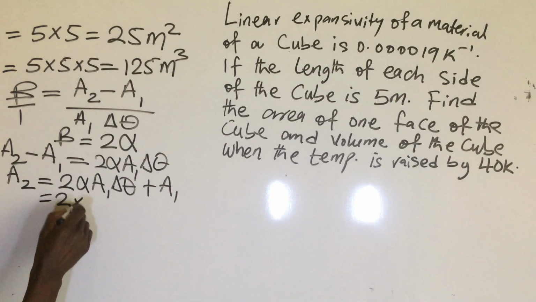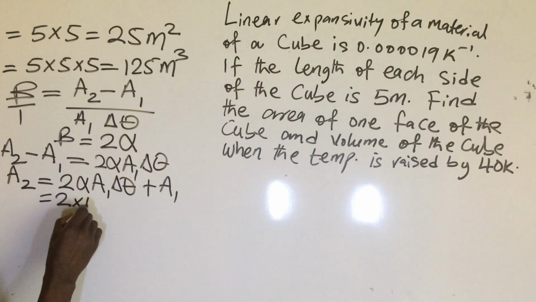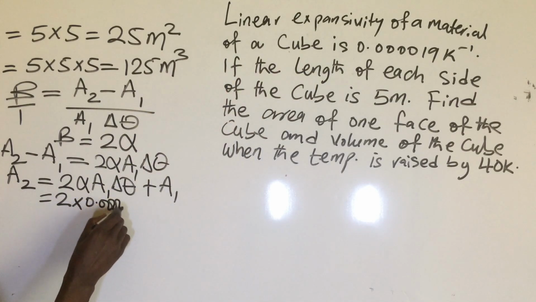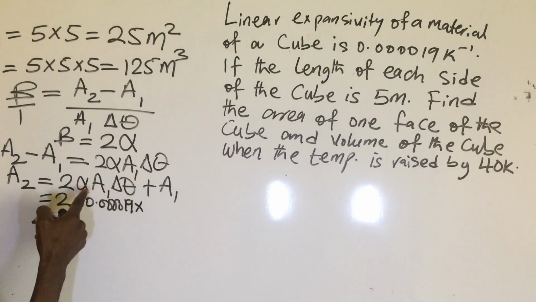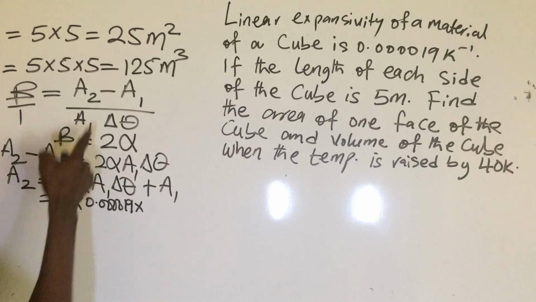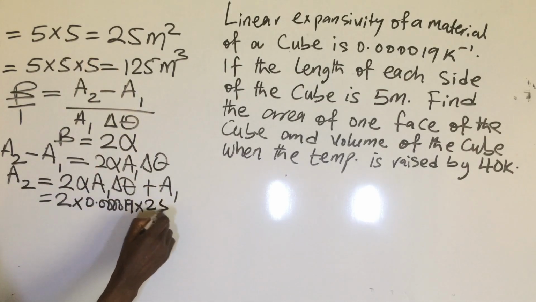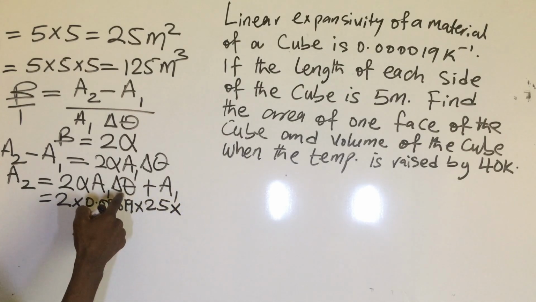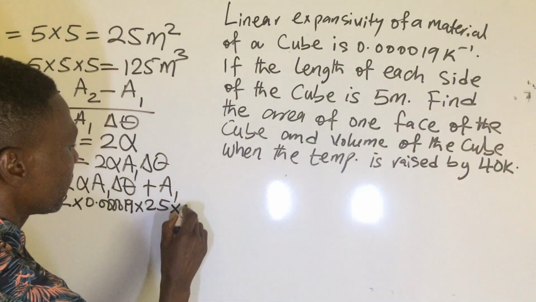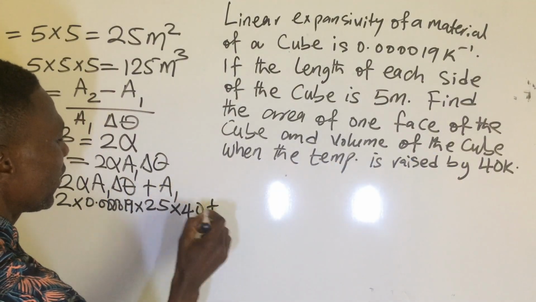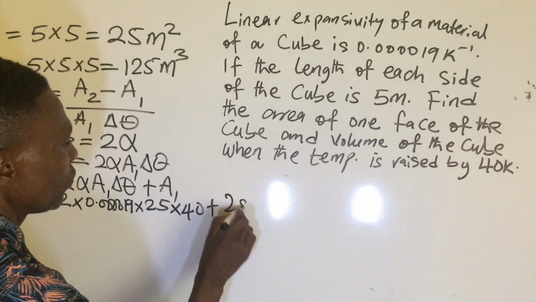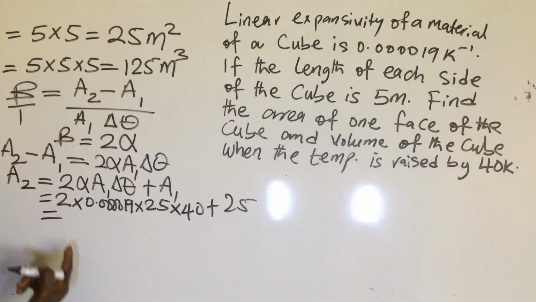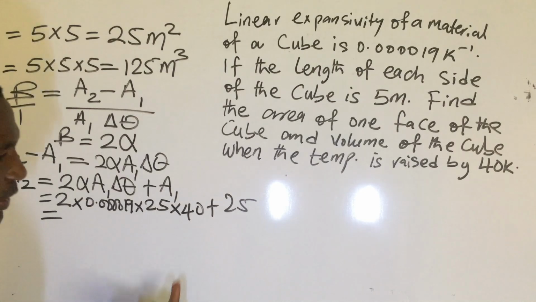Now let's fix our values. I have 2 times the linear expansivity they have given us, 0.000019, times the original area, which is 25, times the change in temperature, which is 40, plus the original area, which is 25. We multiply first with the calculator before we add.